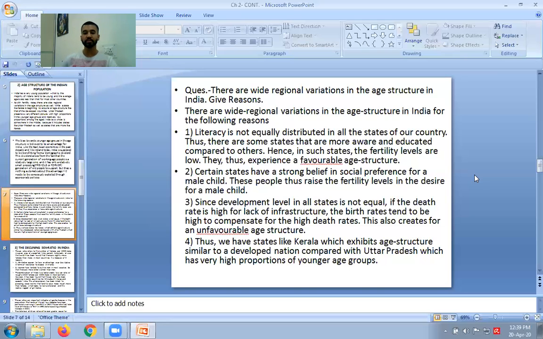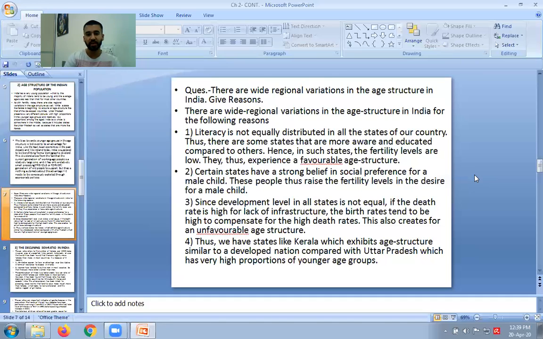So in order to have that male child, they actually raise the fertility levels in the desire for a male child. So their fertility rate is always high because they need a male child. So this is the second reason.